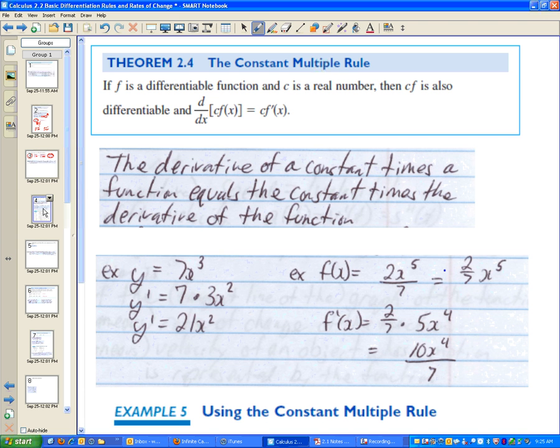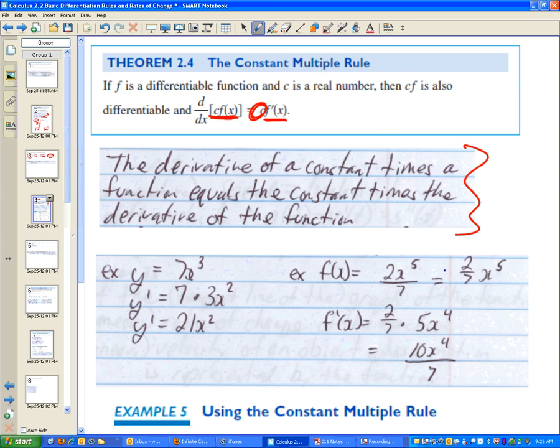And the way it works is the derivative of that constant times that differentiable function is the constant times the derivative of the function. I know. Look at the way I wrote it. The derivative of a constant times a function equals the constant times the derivative of the function. It's as if we factored out a constant.